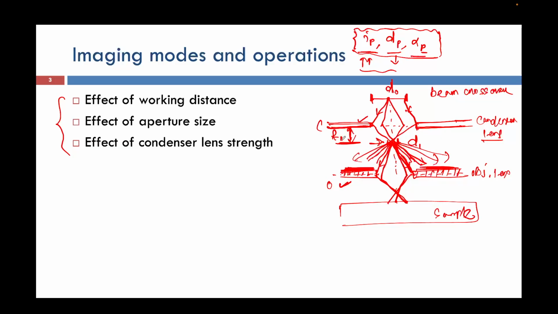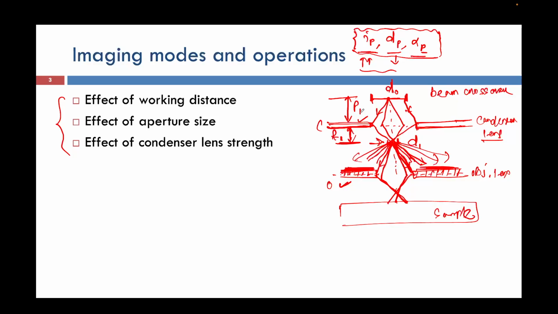Let's mark it as f1, right. And since D0 is the beam crossover from the electron gun, it is acting as an object for this condenser lens, that means this one will be denoted as the distance of the object. This is p1, right?